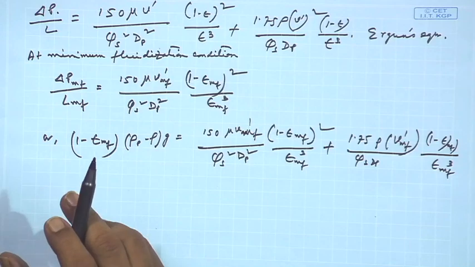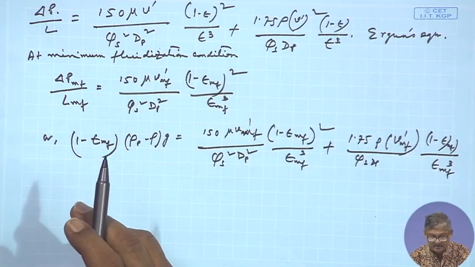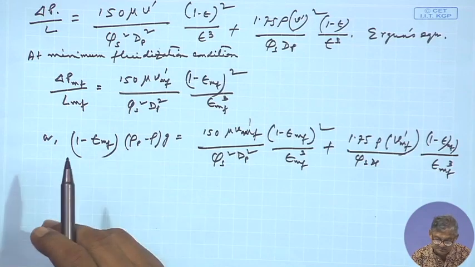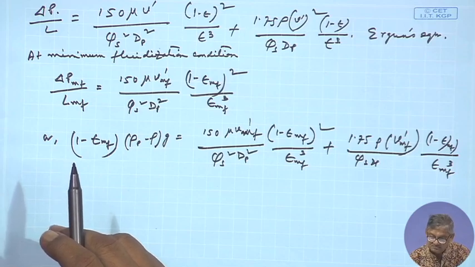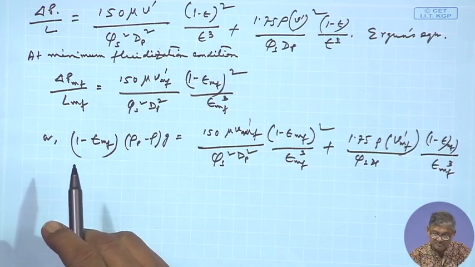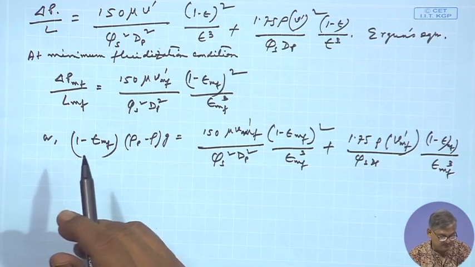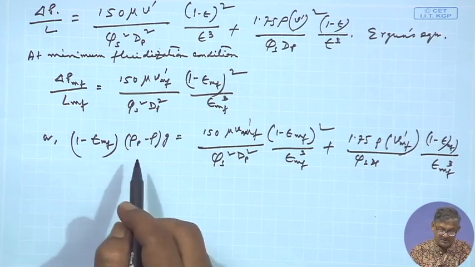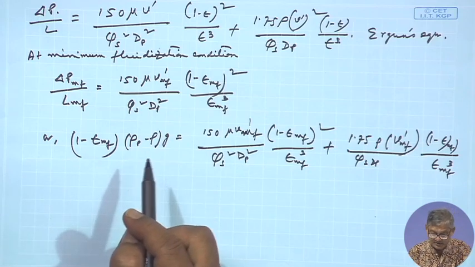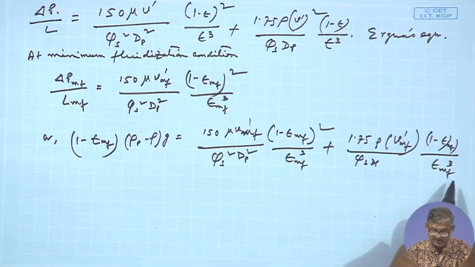In this case, we have said that (1 minus epsilon_mf)(rho_p minus rho) g, this is that Ergun's equation. Okay, fine.